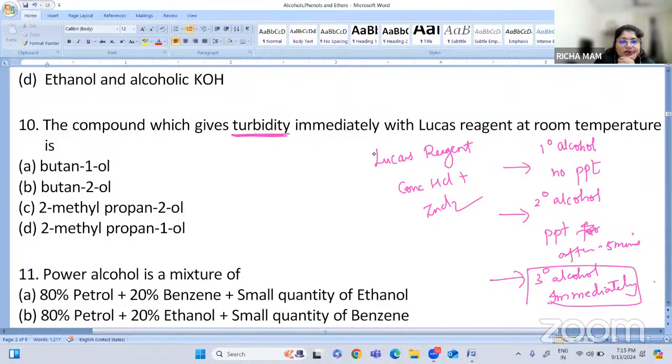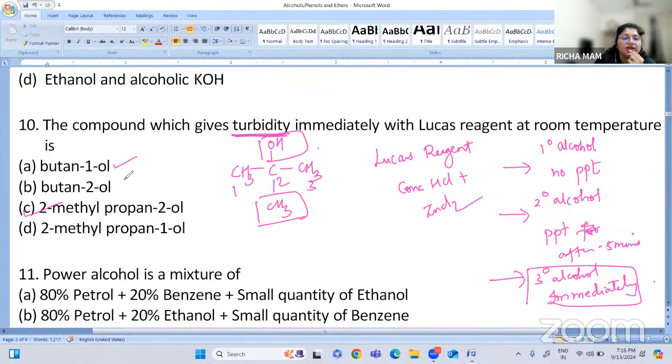It is 2-methyl propane 2-ol. So 1, 2, 3: at the 2 position you have a methyl group and at the 2 position you have an OH group. So this is the tertiary alcohol. So C is the answer.